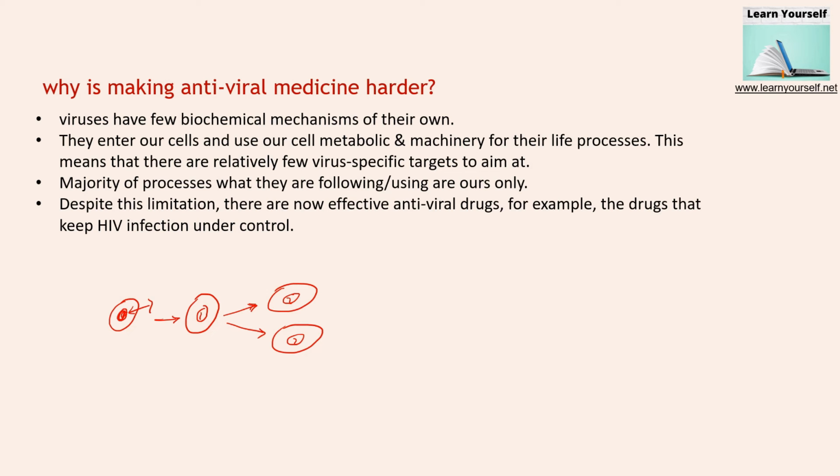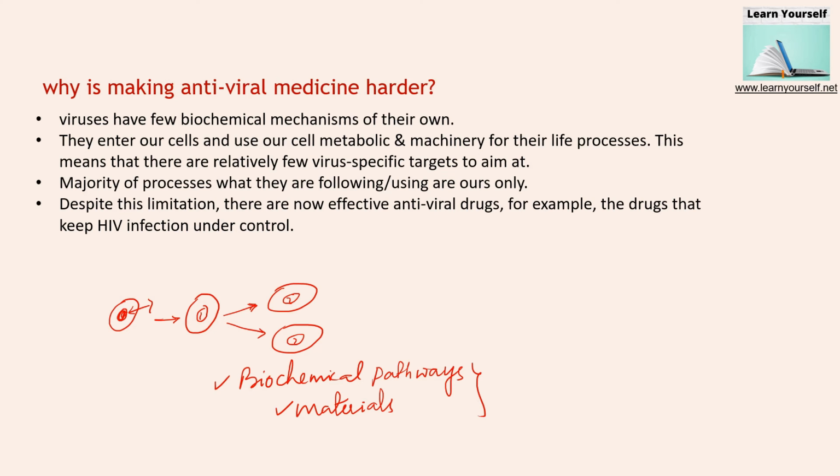So for our immune system, it is very difficult to identify whether this cell belongs to our body or to the virus, because whatever biochemical pathway or materials they are using are identical to our body processes because they belong to us. So it is difficult for our immune system to identify the infected cell and the healthy cell.